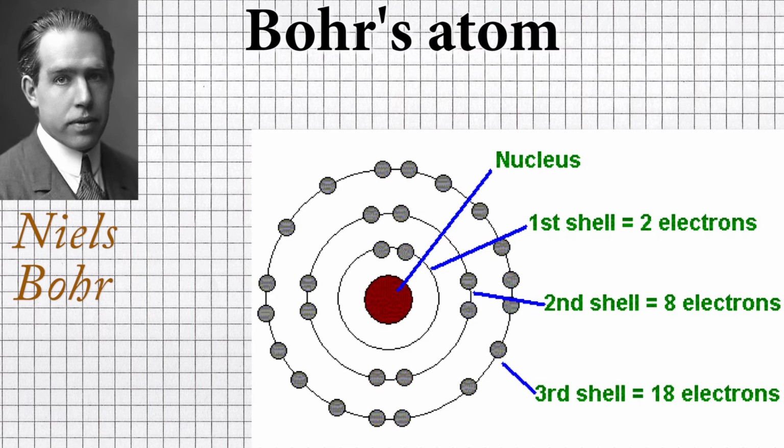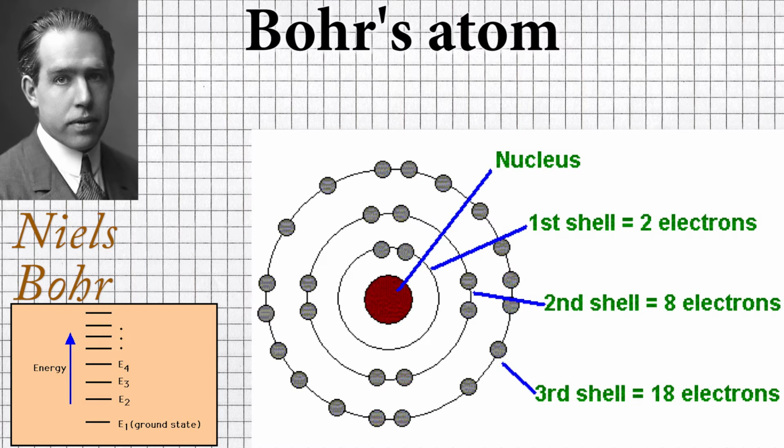What is quantized energy? This kind of energy is quantized because each electron has a different energy from the others. So we know that he arranged these electrons in a way that the farthest electron from the nucleus had more energy, and the nearest electron to the nucleus had lower energy.